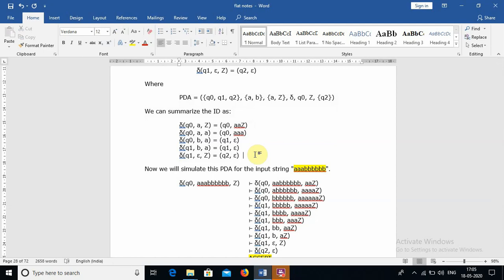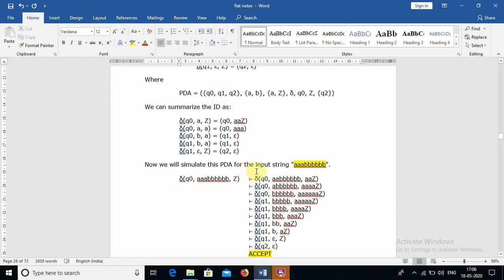Then we get the final PDA. But we have to check whether the constructed PDA accepts the strings of the language, like rechecking the correctness. So we will simulate this PDA for an input string.